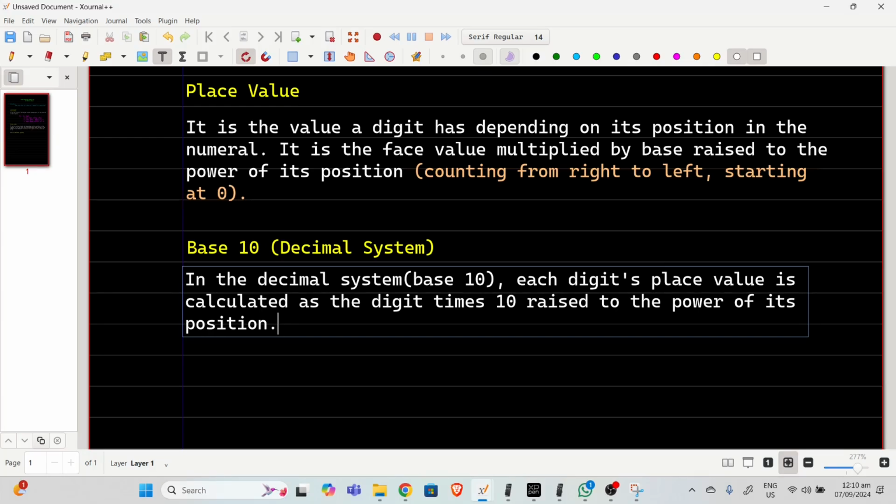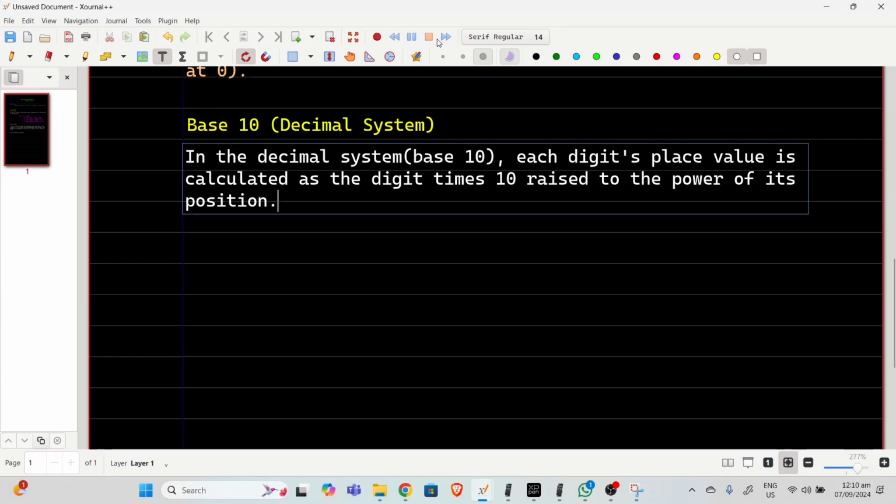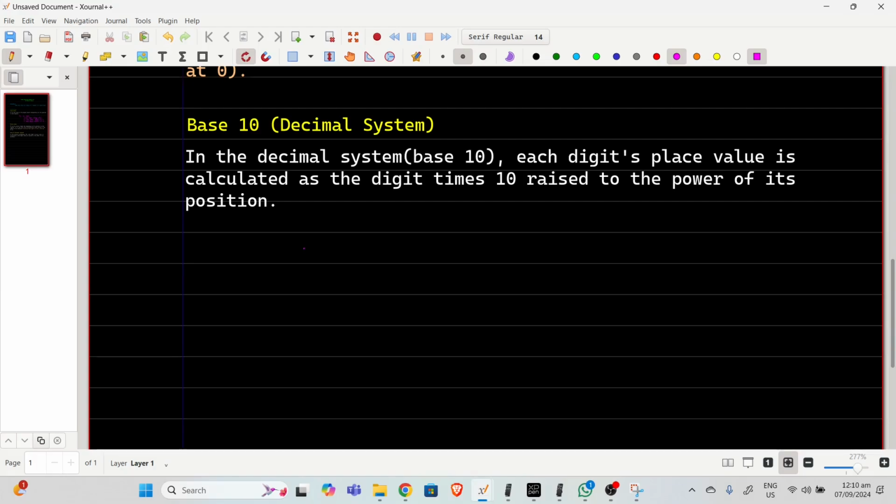And this is an example of that, and you probably understand it already. As I said, you already did this in primary school.